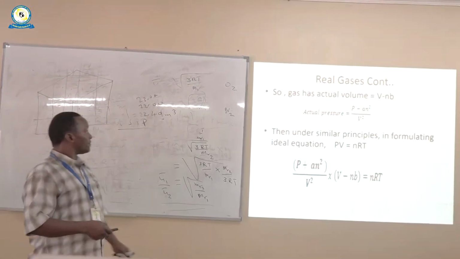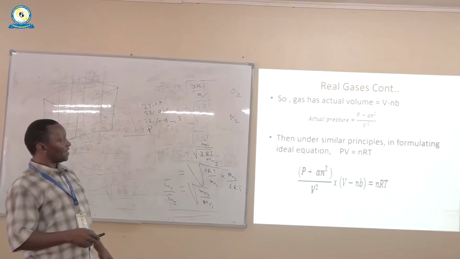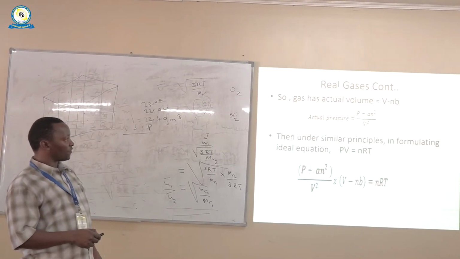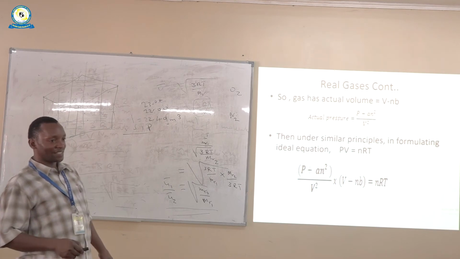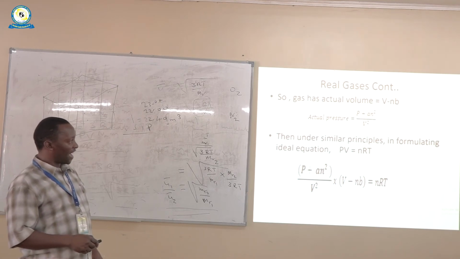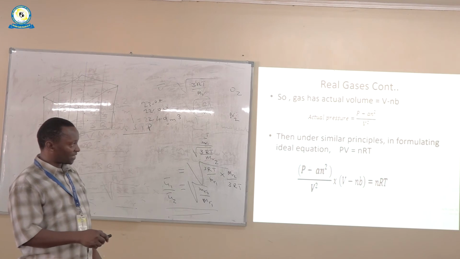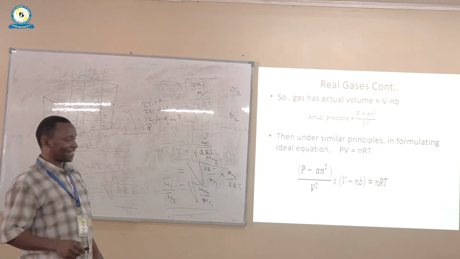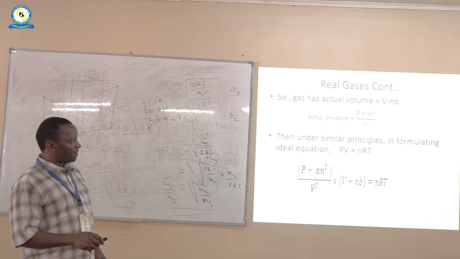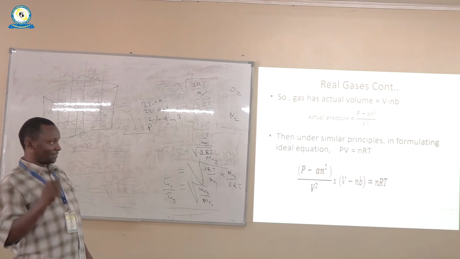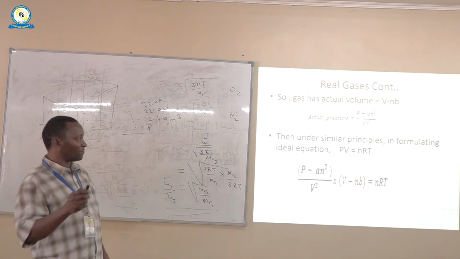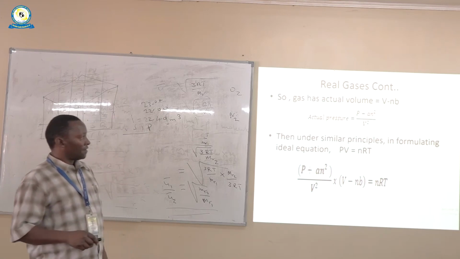So we have the actual volume of the gas, and there is the actual pressure. Actual pressure is represented like that. B is a constant, and A is a constant for a specific type of gas.